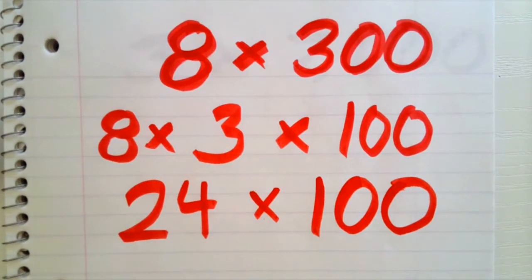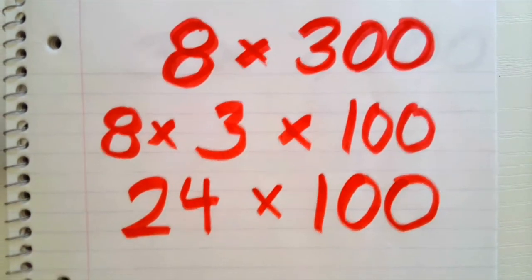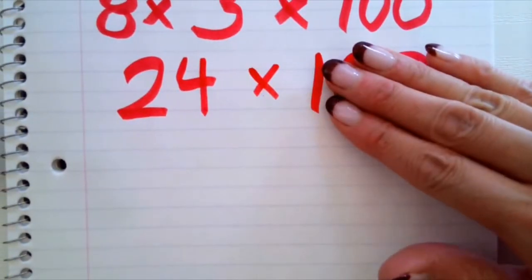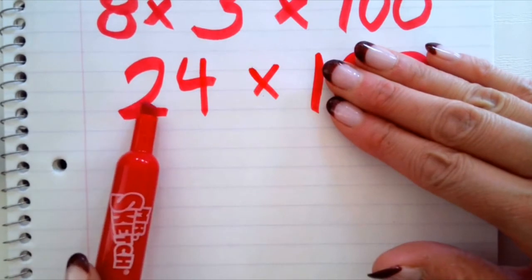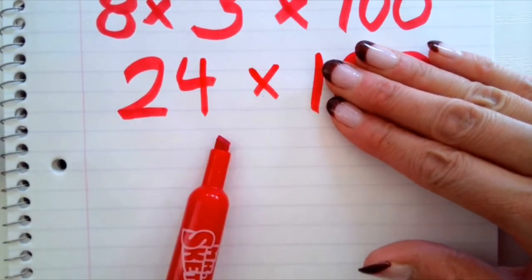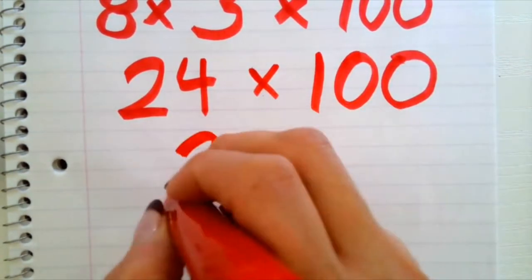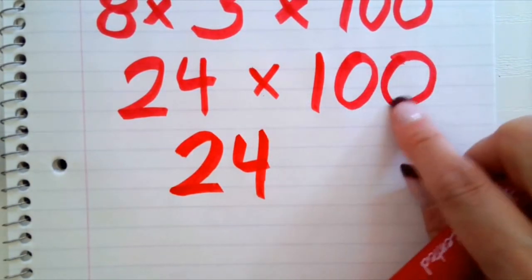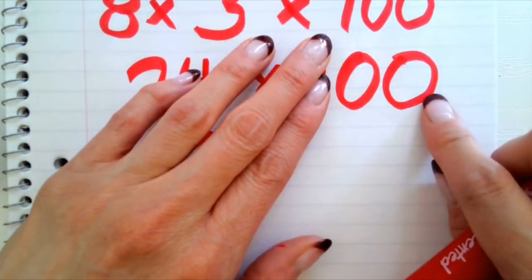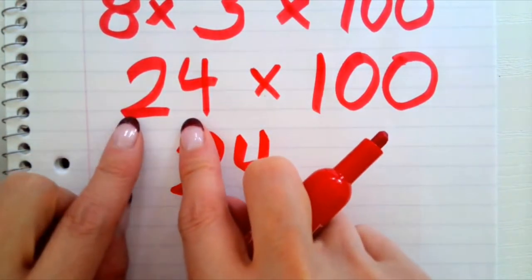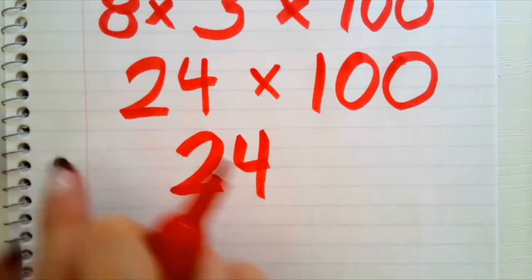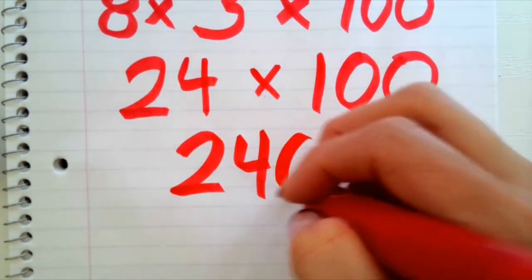What happens when we multiply 24 times 100? Think about the place value chart. We cover up the zeros and multiply 24 times 1. That's 24. And then we put the zeros. This time there are 2 because the digits in 24 are being moved up 1, 2 place values.